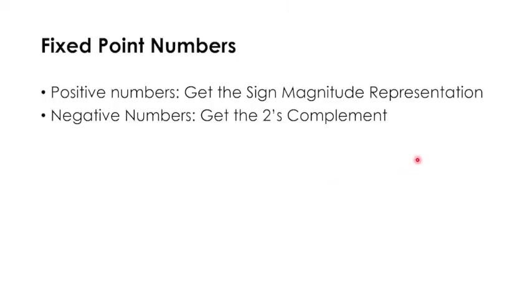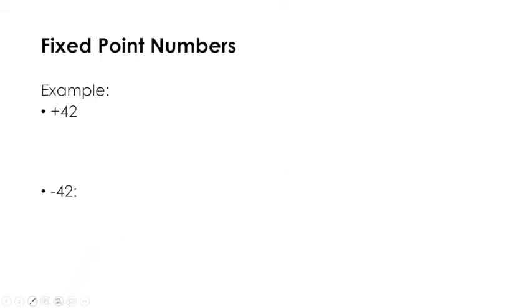For the fixed point numbers, for the positive numbers, we just need to get the sign magnitude representation, while for the negative numbers, we just need to get the 2's complement. So let's try this on some examples. Let's have the positive 42. For positive numbers, we will be getting the sign magnitude.